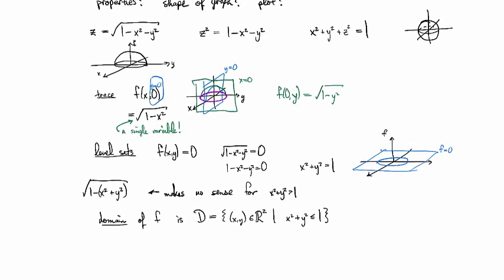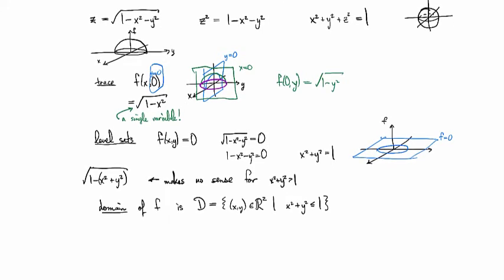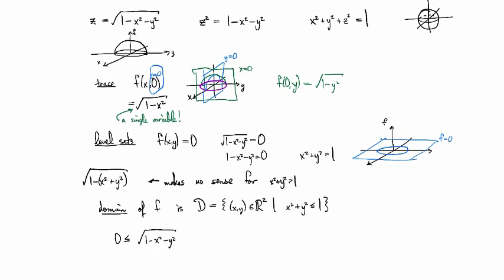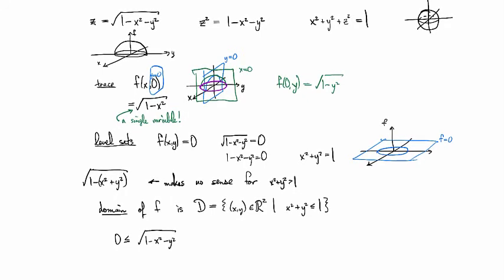Then there's also, you might have noticed that the square root of 1 minus x squared minus y squared is always non-negative, because we're taking the positive square root. And it's also bounded by 1.